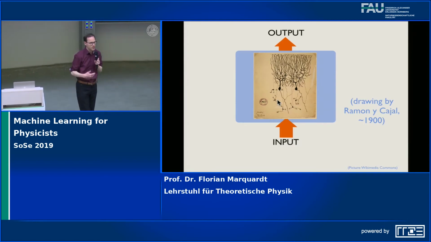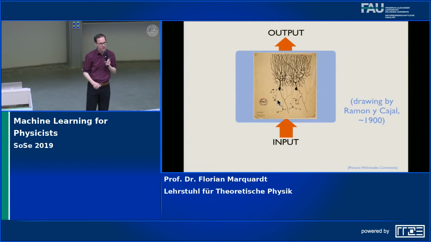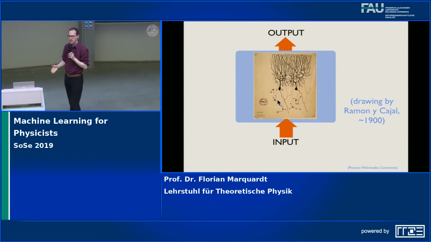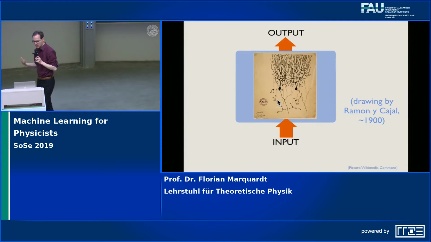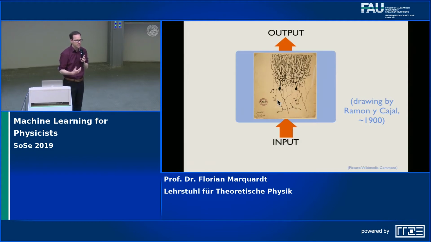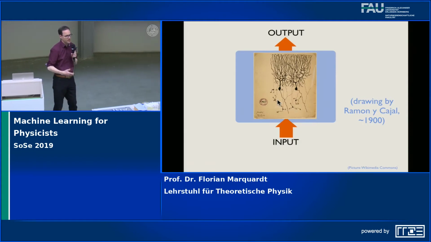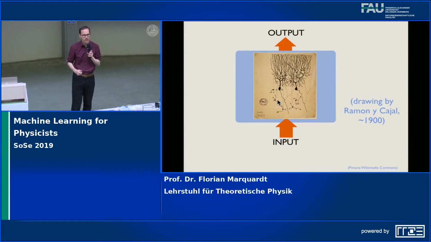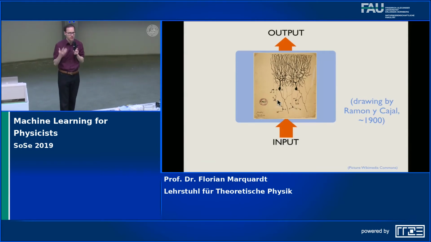So this lecture will not be about the biological workings of neurons, but of course this has inspired a lot of mathematicians and computer scientists to try to invent something that is artificial, that works as an algorithm on a real computer as we know it, but that can be as flexible as the human mind.